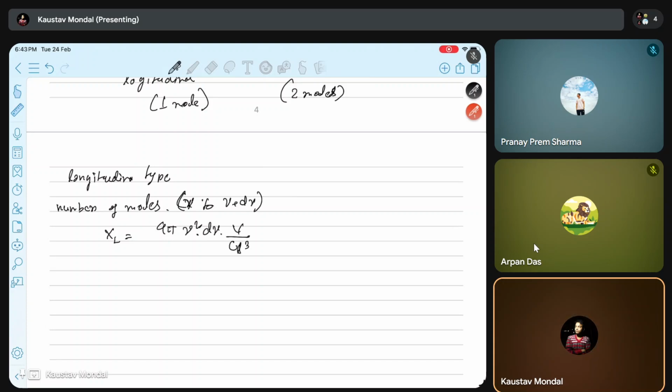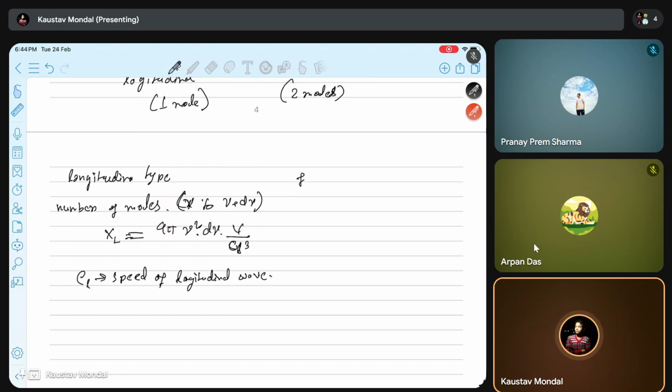CL is nothing but the speed of the longitudinal wave. And this is the number of modes.